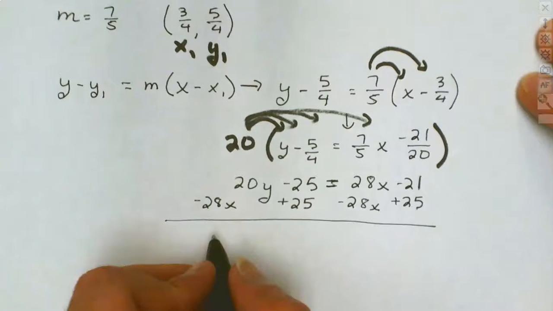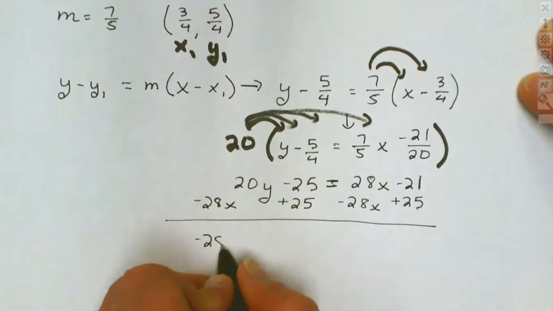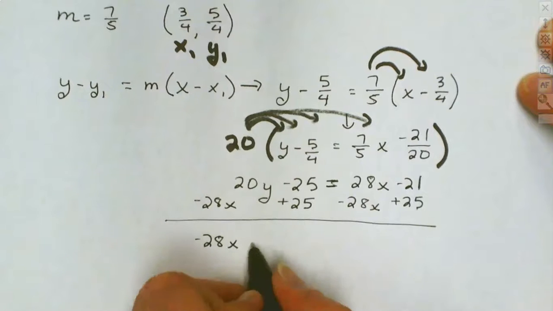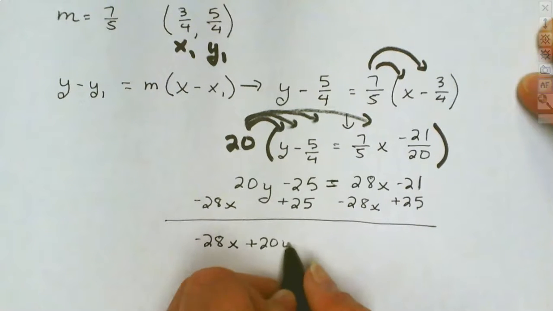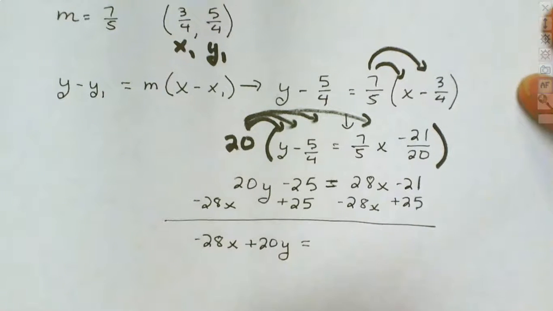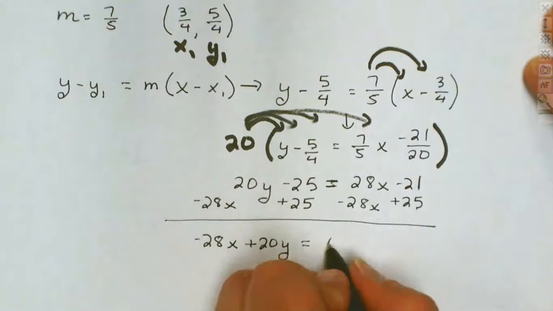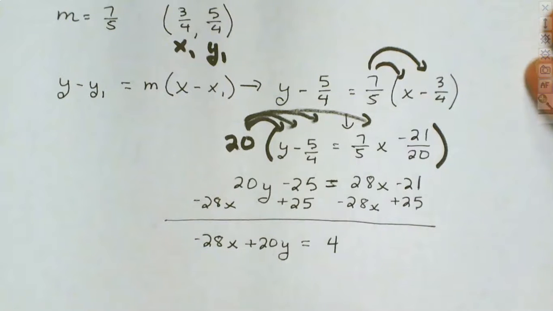That leaves us then with a minus 28x plus 20y on the left. On the right, we've got a minus 21 plus 25. That makes it a 4.